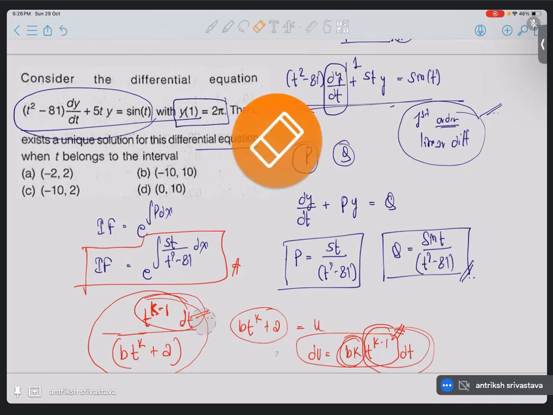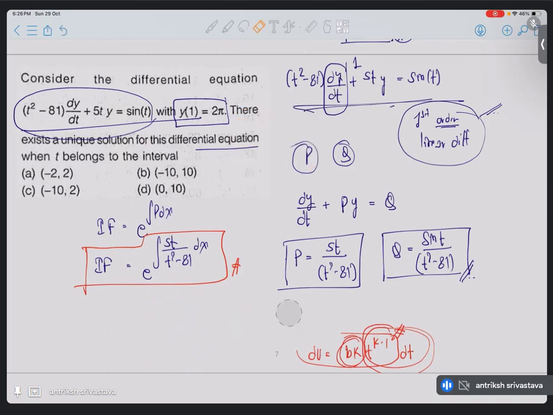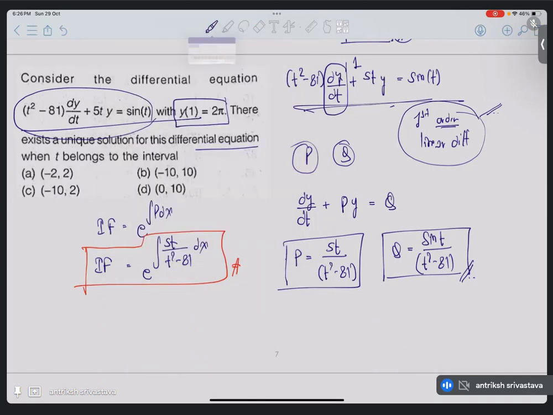Okay, so that's what we are going to do here. We are going to assume that our t² − 81 is nothing but u, and then the differentiation 2t dt is du, because 81 is constant, differentiation is 0. So t dt is equal to du/2.